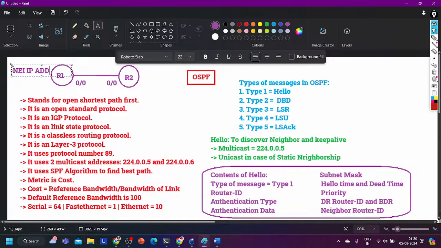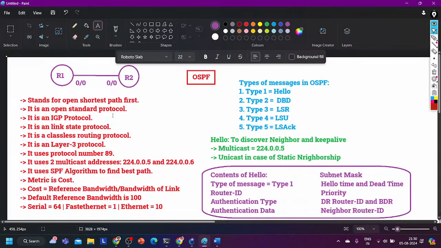In this case, router 1 is going to form a static neighborship. You have to configure the neighbor command on both routers, on router 1 and on router 2, and both routers are going to form a static neighborship. Whenever a router forms a static neighborship, it sends hello messages on a unicast address.